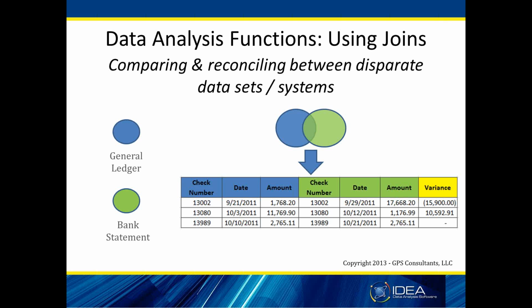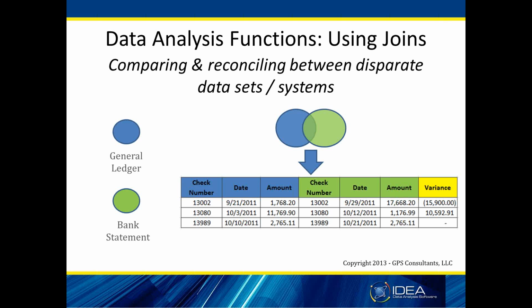This is an example of using a join, and this is not a healthcare specific example. It applies to everybody in business. We've got a general ledger and a bank statement, and this is a situation where we're using a join to compare two disparate systems. One would be the data from the bank, the other would be the data from our financial or accounting system, and we want to know anytime those don't line up, because we're hoping they do, and they should.